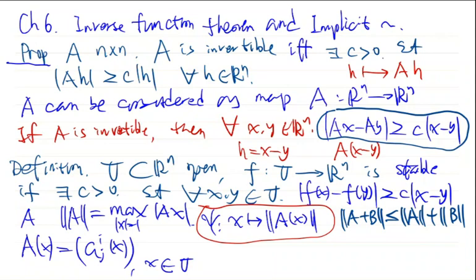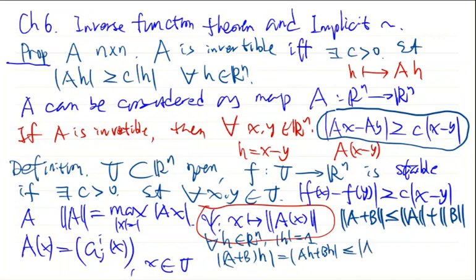I will show you. To prove this inequality, for any H in Rn with norm 1, the norm of (A plus B)H, which is the norm of AH plus BH, will not be greater than the norm of AH plus the norm of BH, by the triangle inequality for vectors.